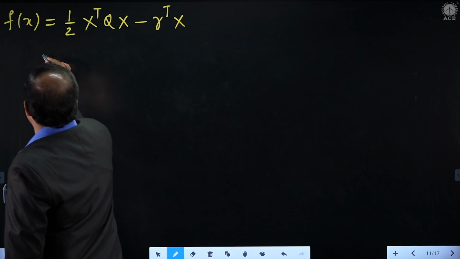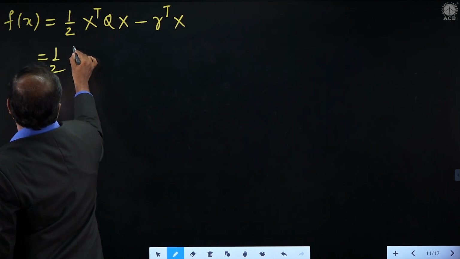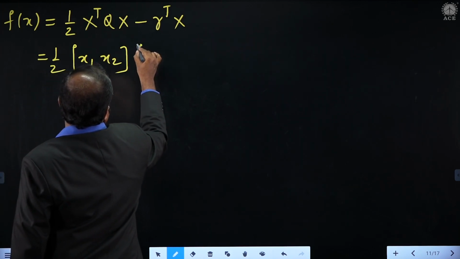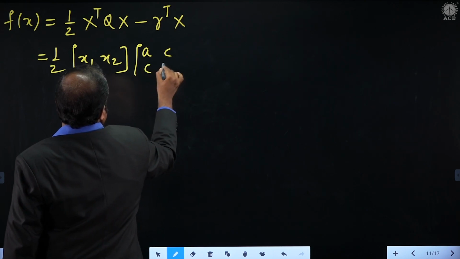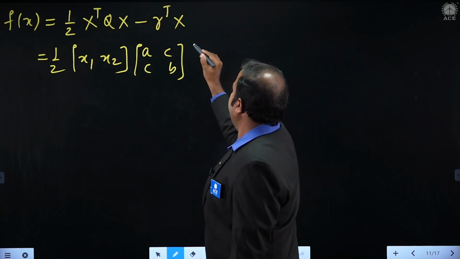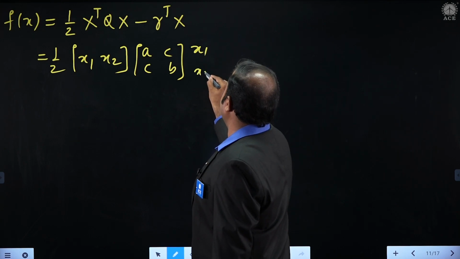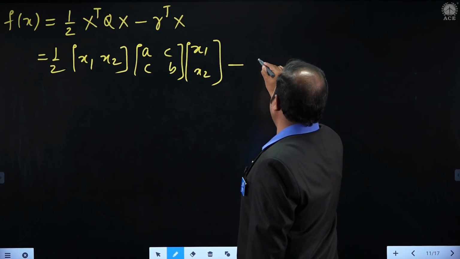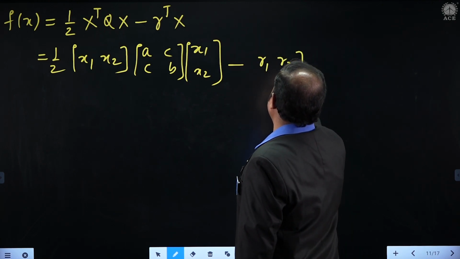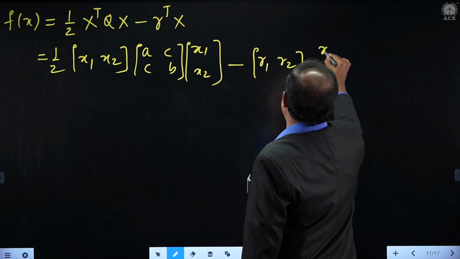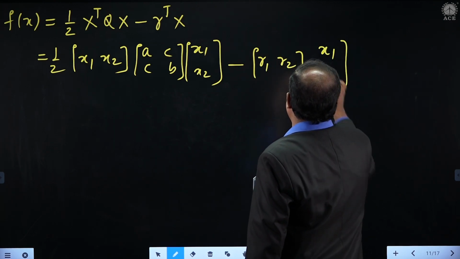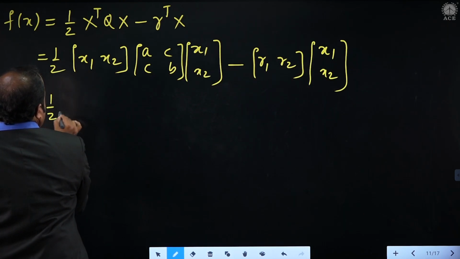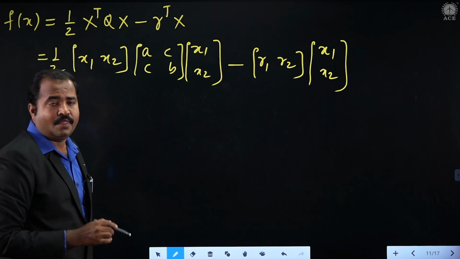So, this is equal to half of x transpose means what? x1, x2, Q means what? A, C, C, B, x means what? x1, x2, minus r transpose means what? r1, r2, x means what? x1, x2, right. So, this is equal to half of matrix multiplication.